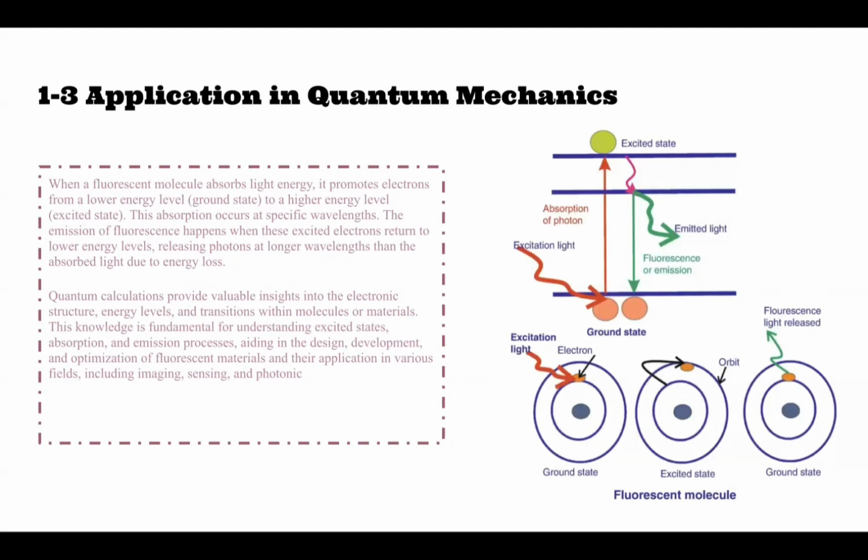As previously mentioned in the last slide, when molecules absorb energy, electrons leap to higher energy levels. This occurs as electrons return to their lower levels, emitting distinct photons in the process.